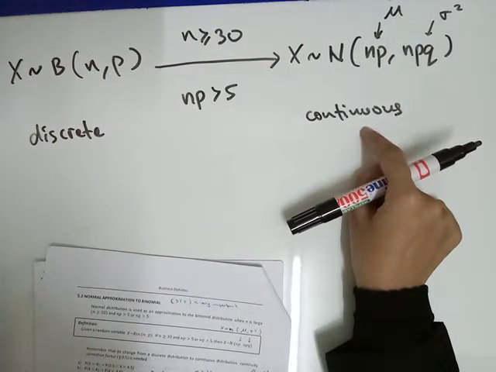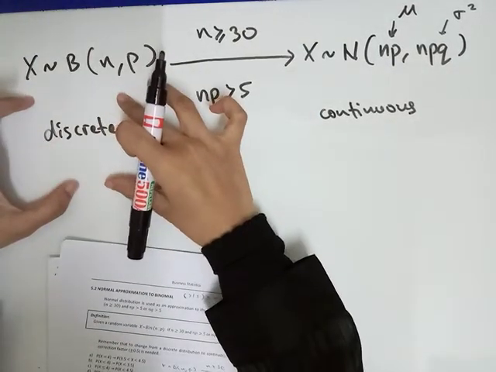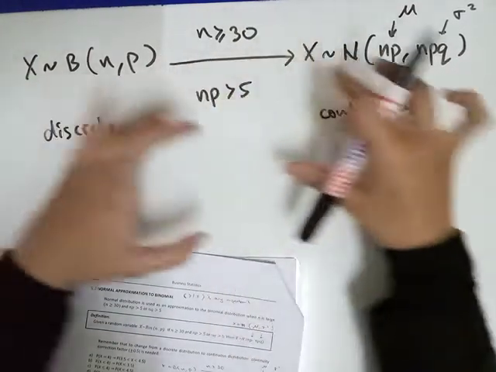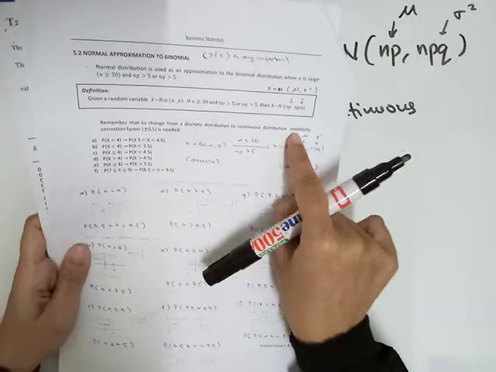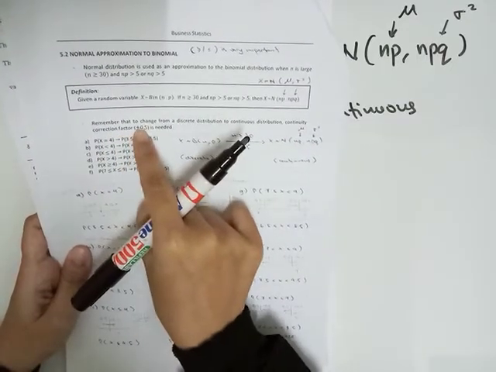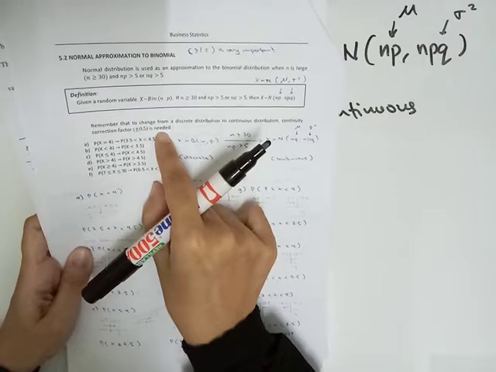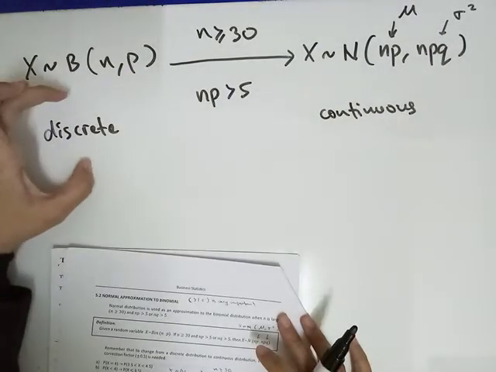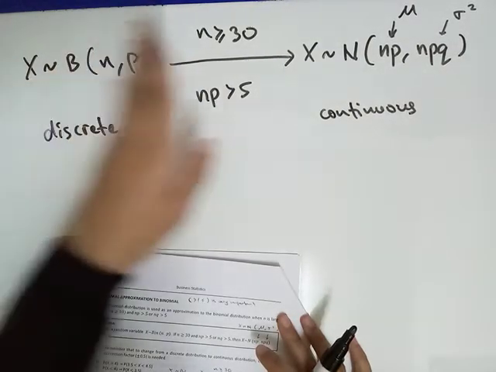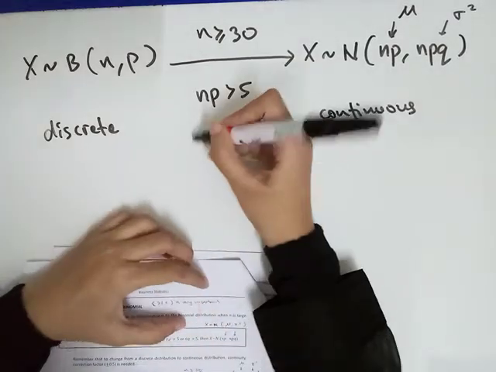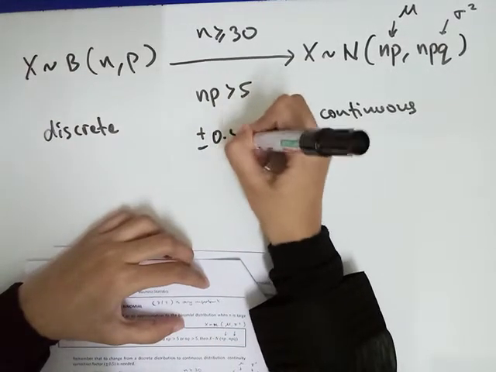Okay, we cannot count. So to change from discrete to continuous, the continuity correction factor, plus minus 0.5, is needed. When you want to change from discrete distribution to continuous distribution, plus minus 0.5 is needed.